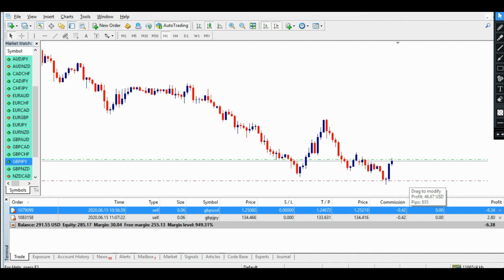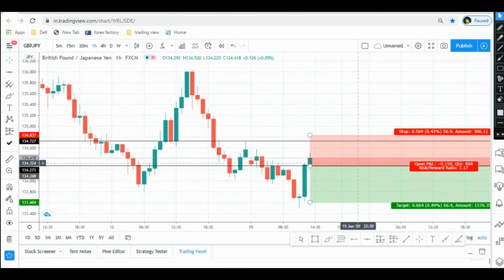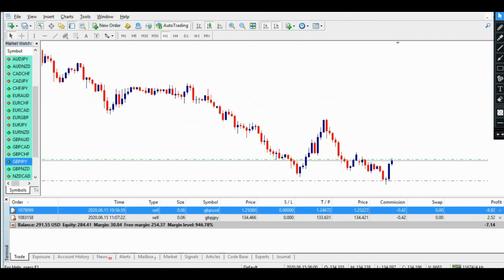This is my profit, which is $46, 83 pips of profit, and my stop loss would be this particular area. When I see price going against me and price closes above this bar, then I will close my trade in loss. So before that I have to wait and see what happens next to these two trades.